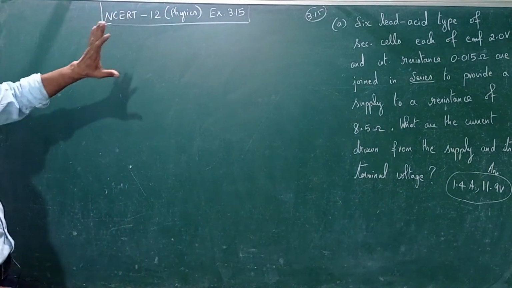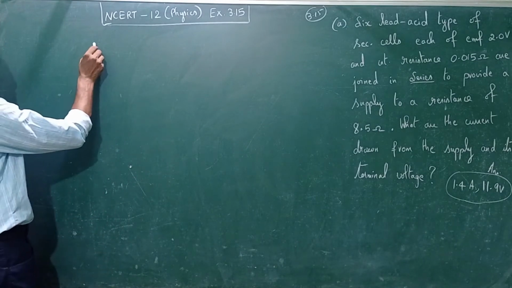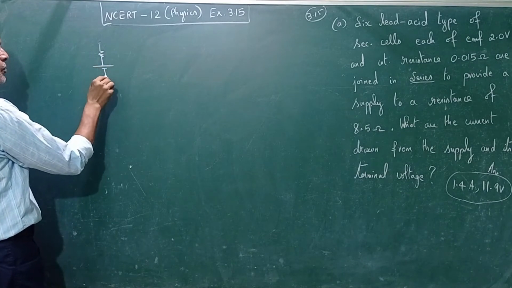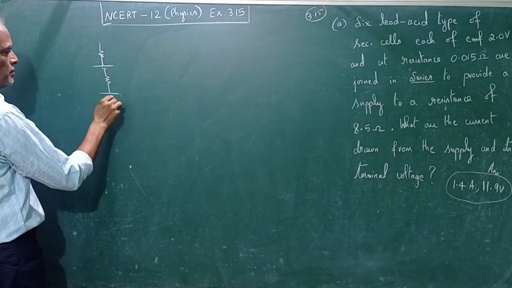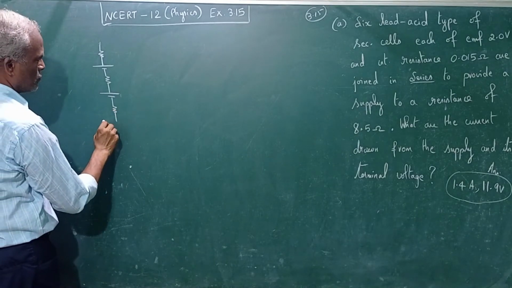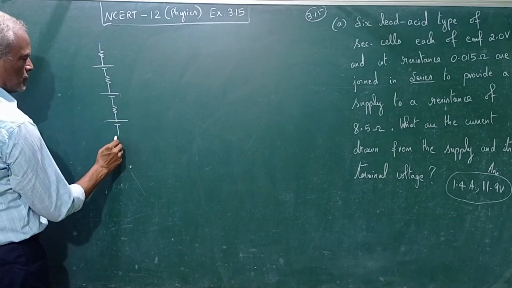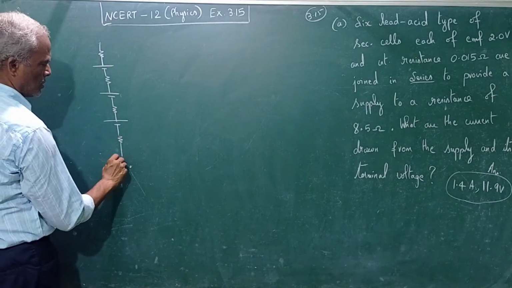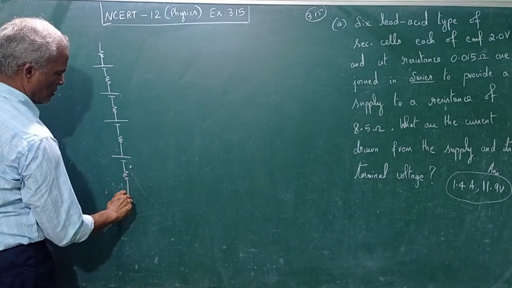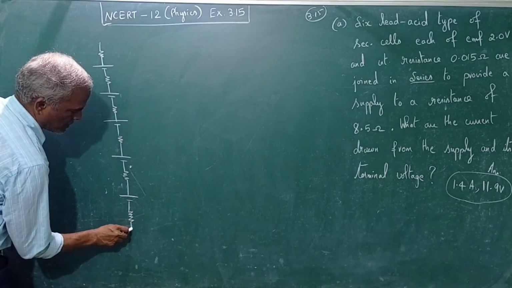Now we have 6 lead acid type of secondary cells, so we will draw the circuit for that. So this is first cell, second, third, then fourth, then fifth, then we have sixth.